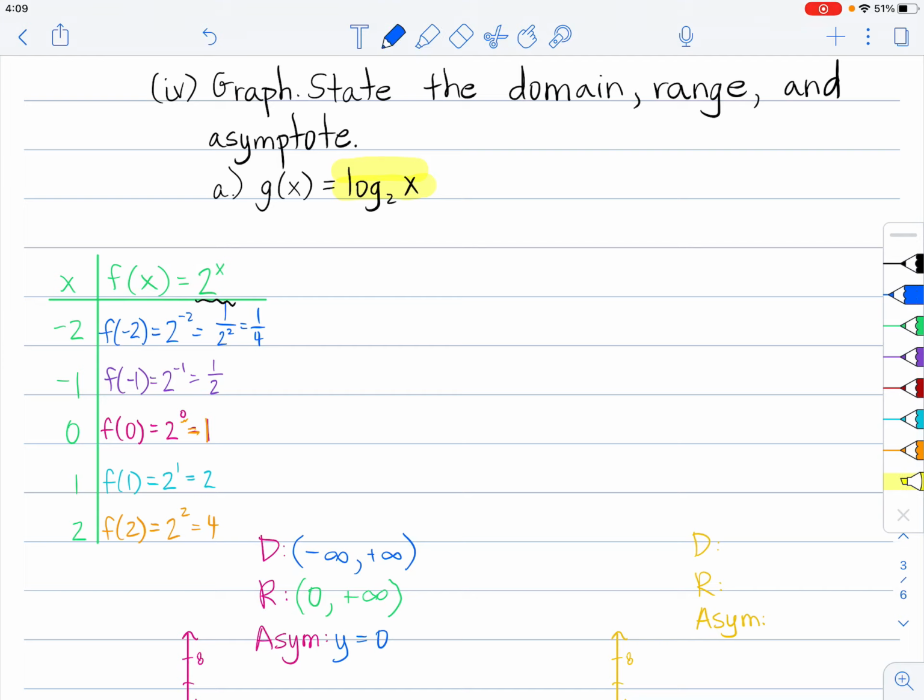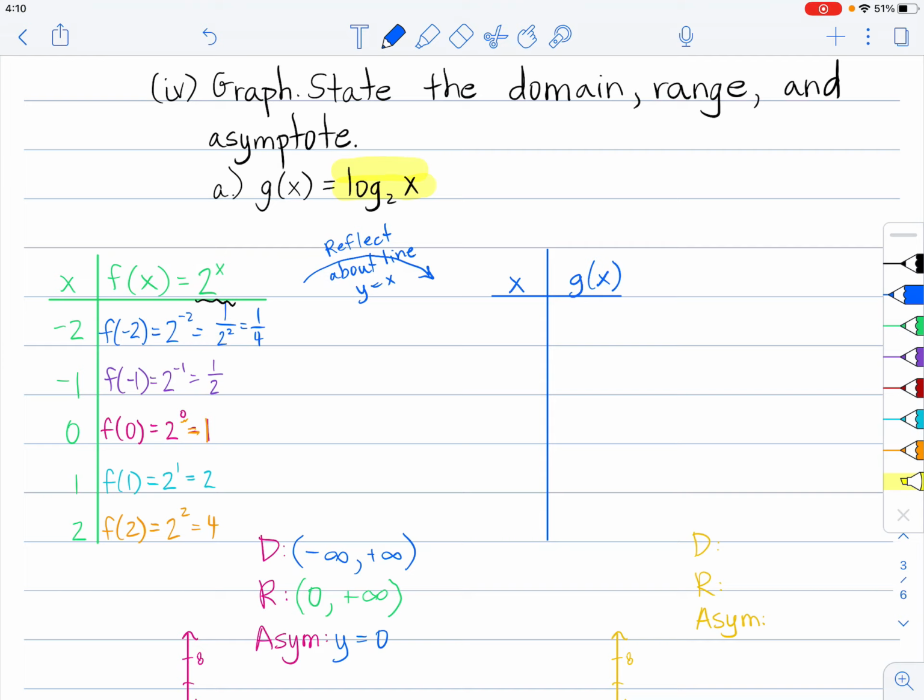And we learned earlier on that we reflect about the line y equals x, which means that we swap x and y coordinates between a function and its inverse.